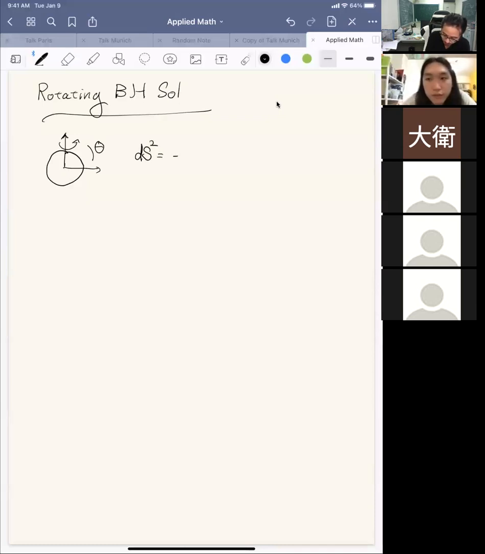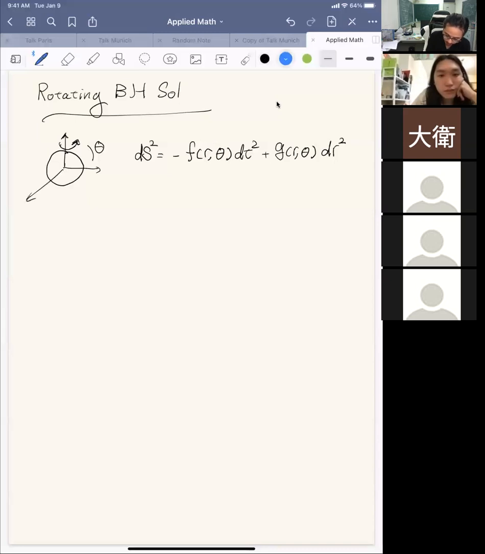Of course you're going to have the time component, but now the time component, instead of just a function of r, is going to depend on theta. Similarly for the radial direction, you're going to have dependence on theta as well. And since you expect that this is rotating, if we have this plane here and this is the phi direction, the phi direction should have some kind of time dependence.